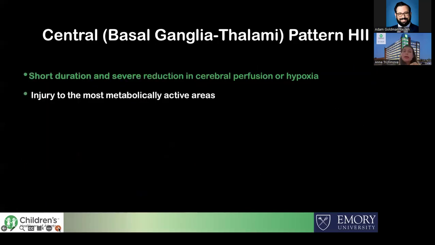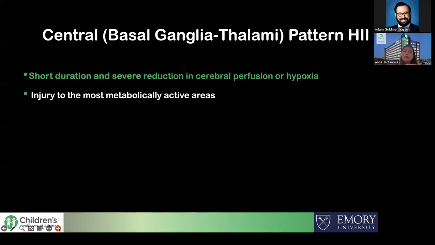If we transition to a severe reduction in cerebral perfusion or hypoxia, however of short duration, that results in what's known as a central or basal ganglia thalami pattern of hypoxic ischemic injury.